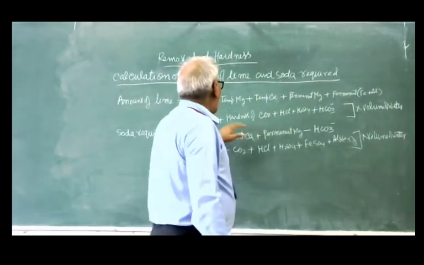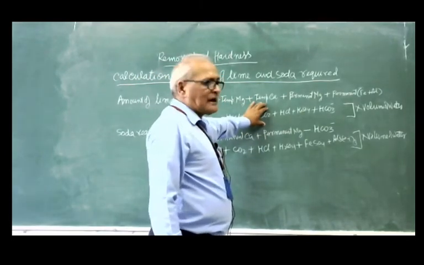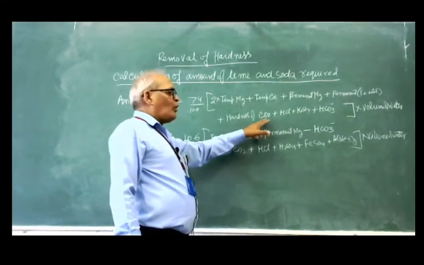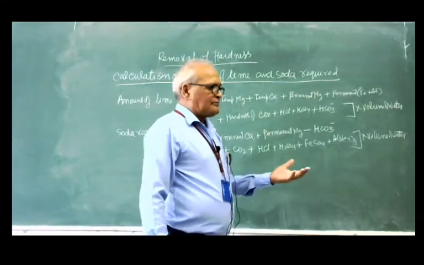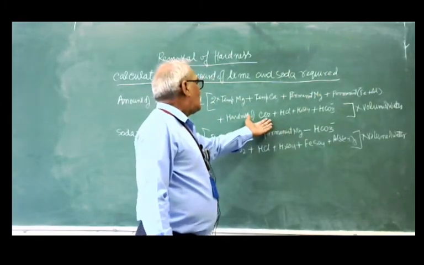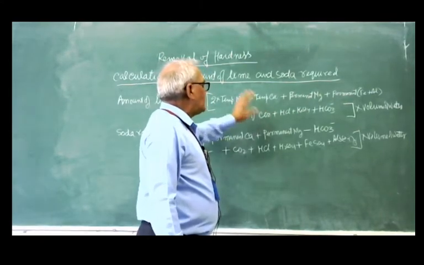And here, see carbon dioxide also requires lime; carbon dioxide reacts with the lime giving calcium carbonate. Carbon dioxide is dissolved in water, so it will require lime for its removal, and its amount must be written here.